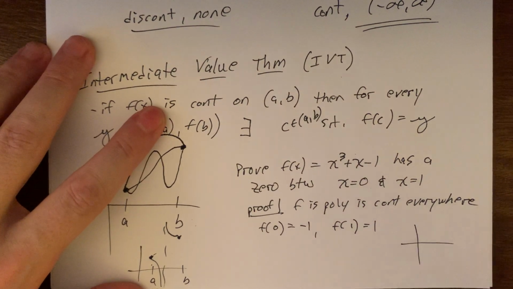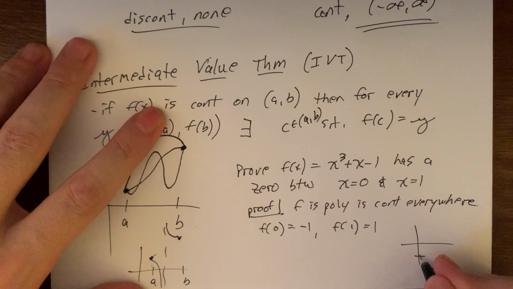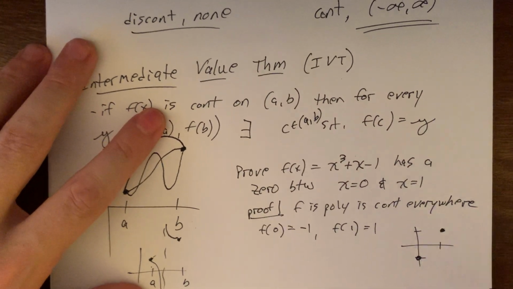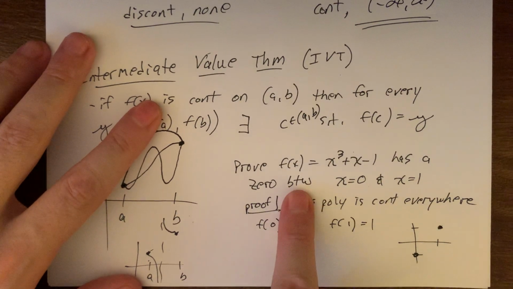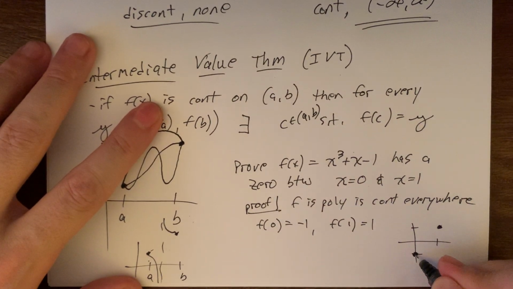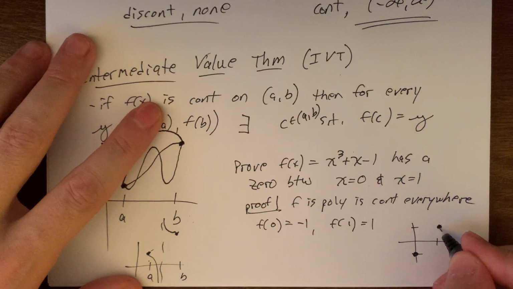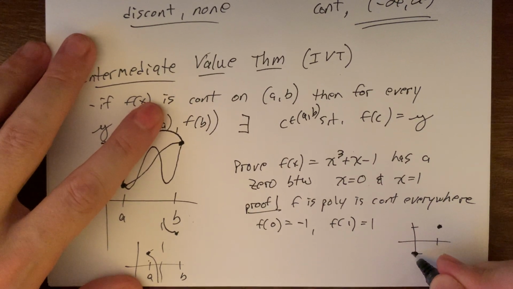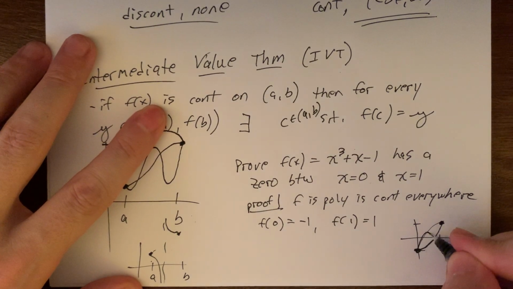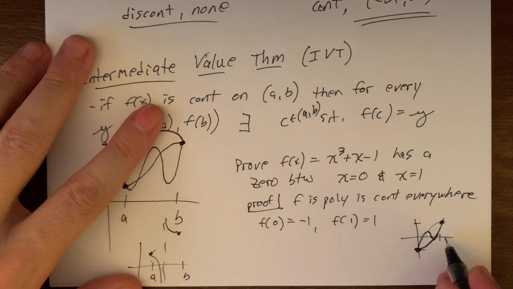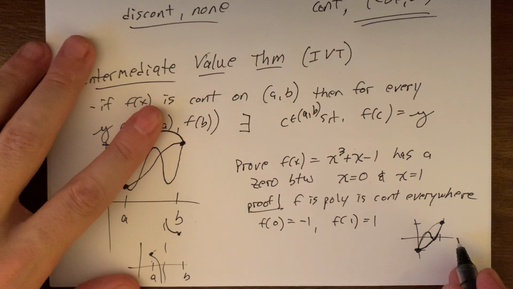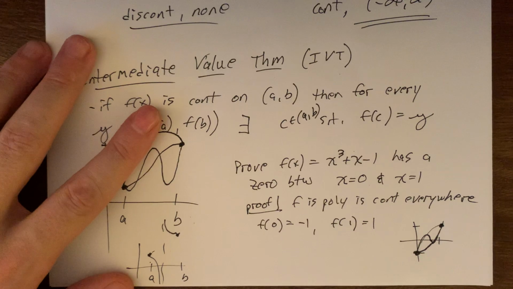I don't care what the graph really looks like, but at 0, I've got a value of negative 1, and at 1, I've got a value of positive 1, and my function is continuous, so I have to move from here to here in a continuous way. No matter how I do that, whether I do this, or this, or this, there is at least one place where I cross the x-axis, so that is my 0.